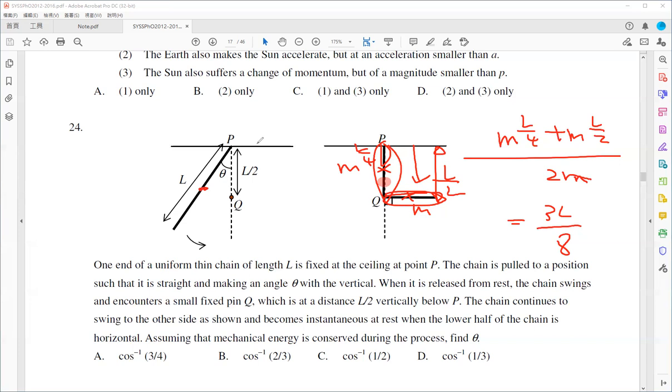So initially the center of mass should be at L over 2 cosine theta. This has a length L over 2, and then L over 2 cosine theta equals H equal to 3L over 8. Very simple. Then you can get answer A.